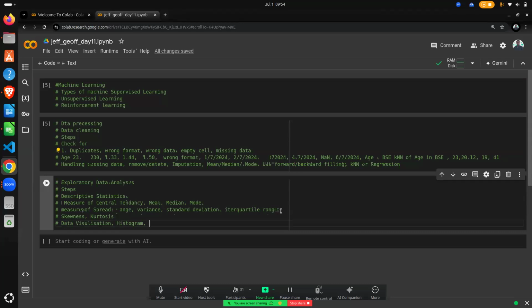Let's say you want to look at age. So you go with histogram, and then you look at the distribution of age. There's what you call a normal and abnormal curve. When you get a normal curve, that means you know the range, the age group. But with histogram, you're looking at a single variable.